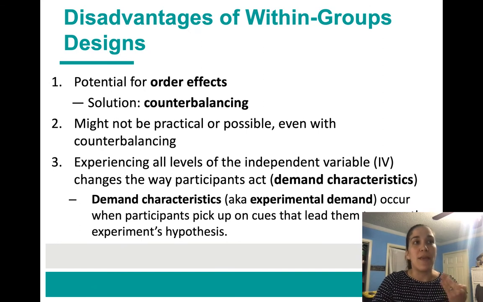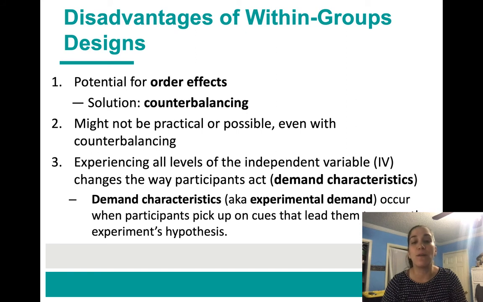For example, in the rating of the chocolate study, they might guess, oh, well, you're giving me chocolate and then having me rate it. And then you're giving me chocolate again, you're having me rate it. Maybe you want me to like this chocolate. And so they might change their behavior simply because they pick up on cues, accurately or inaccurately, that let them guess, correctly or not, what they think the purpose of the study is. And so they adjust their behavior.